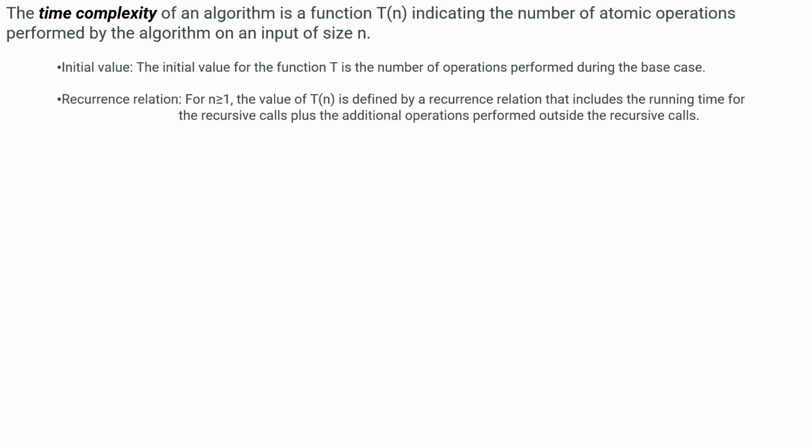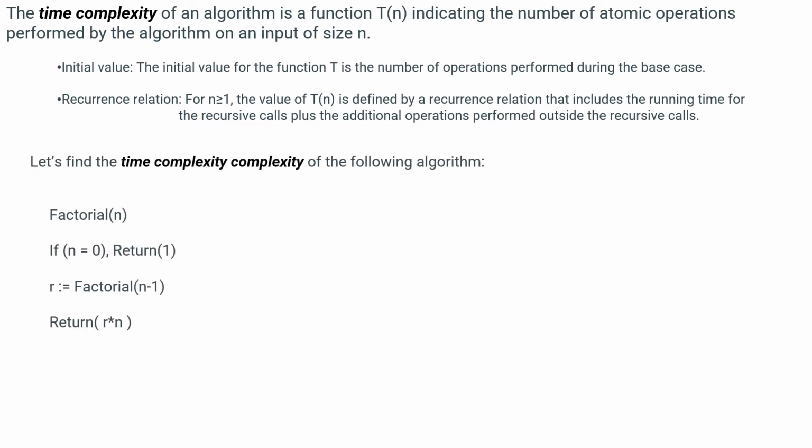It's going to be dependent upon T of n minus 1. So the value is defined by a recurrence relation that includes the running time for the recursive calls plus the additional operations performed outside the recursive calls. Without an example, it might be kind of hard to understand, so let's look at an example.